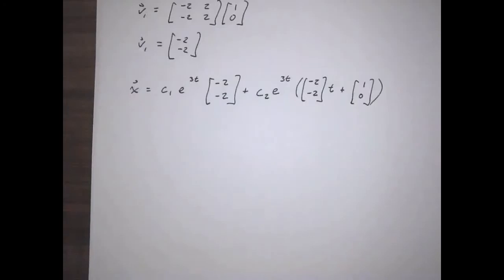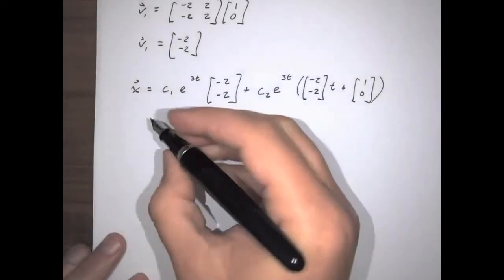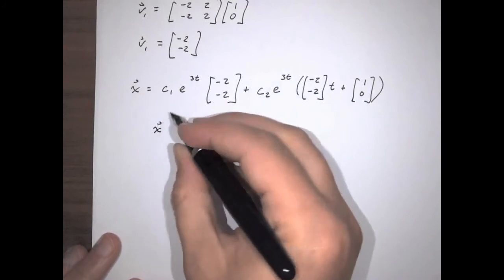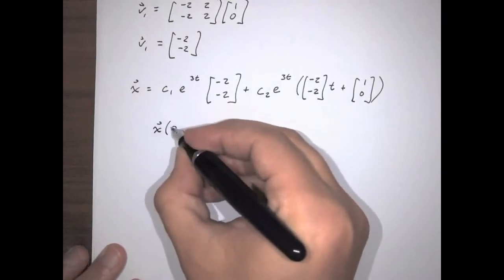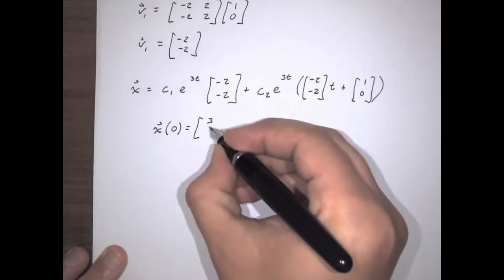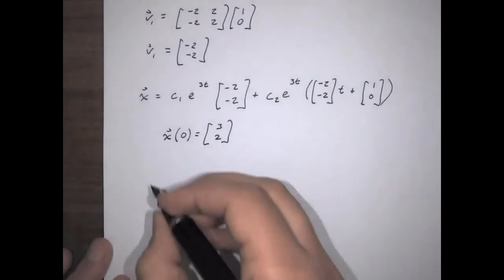And now we need to find the C1 and the C2 using the initial conditions of x1 0 equals 3, x2 0 equals 2. So x, the vector at 0, will be 3, 2, and that's when t equals 0. So then you just plug that in.